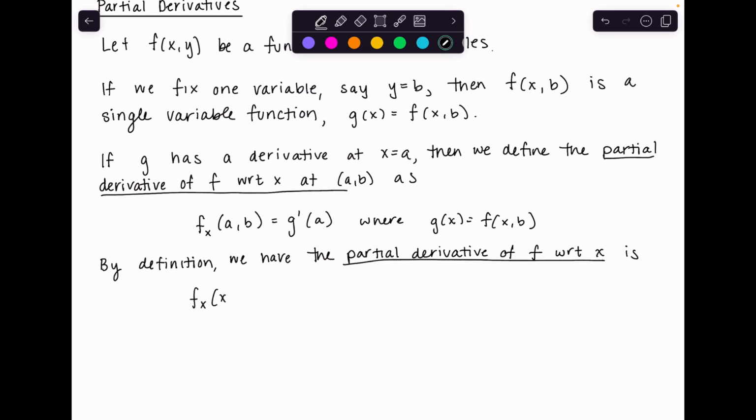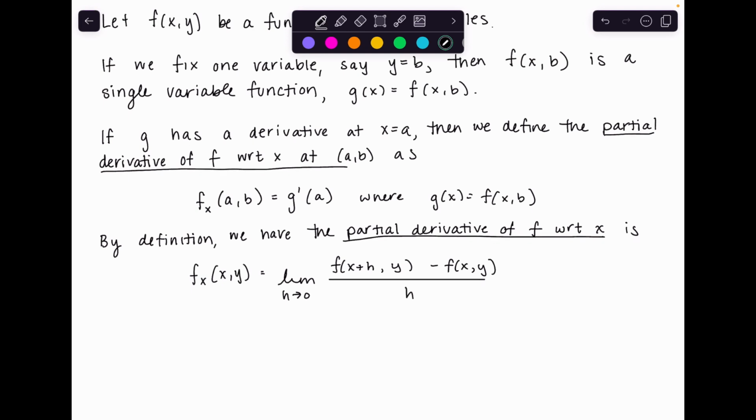In general, this function is given by a limit, and it is still the same kind of limit. It's the limit as h approaches 0. You would have f of x plus h, y, and then you would have minus f of x, y. But since you have that second component, you just leave y as is. So everything is in the x component. So this is the formal definition, of course, provided this limit exists.